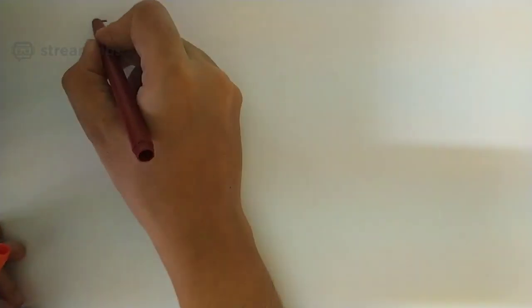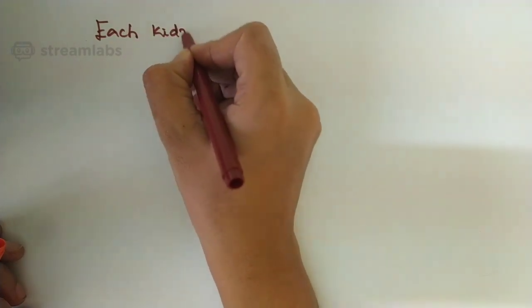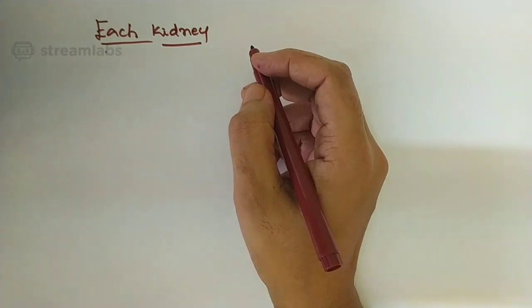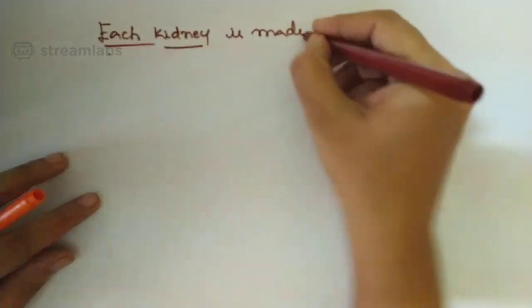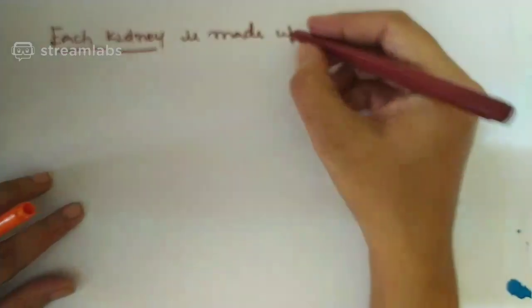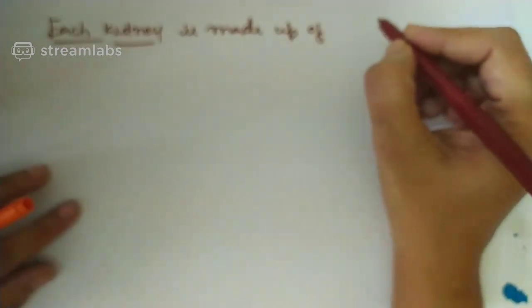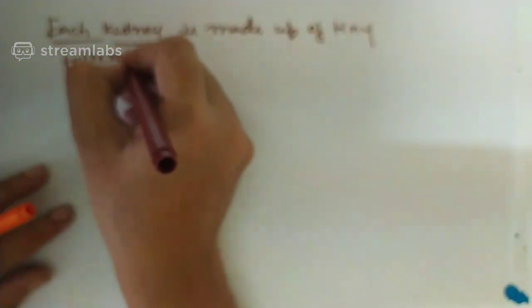Moving further, students, you take a right kidney or a left kidney, each kidney is made up of tiny filtration units.